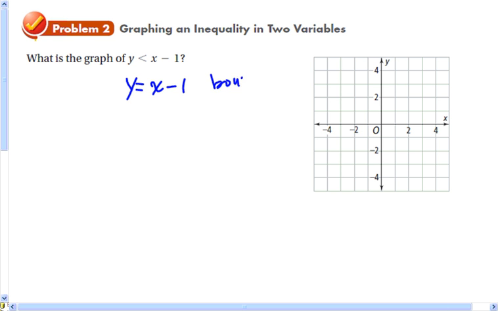We're going to call that the boundary line. All of the solutions are going to be on one side of that boundary line, and I'll show you what I mean in a second. But the first thing we want to do is graph that boundary line. If we have less than or greater than, we want to graph it with a dotted line. If it's less than or equal to or greater than or equal to, we want to graph it with a solid line.